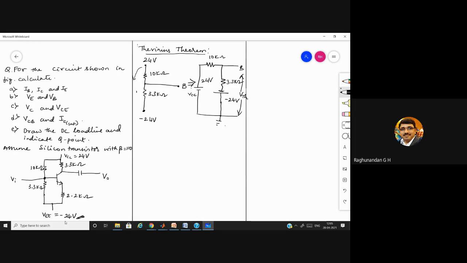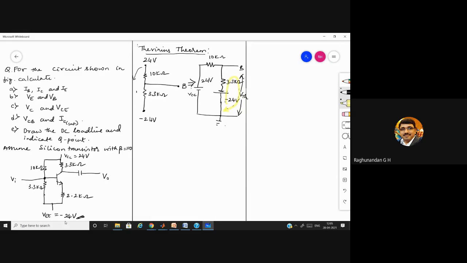Okay. Now, in order to find the Thevenin voltage, see, Thevenin voltage is the one across this. If there were just resistors, then we would have simplified it easily. But here we have two voltage sources. So if you want to find the Thevenin voltage, can I apply KVL to this outer loop? If I apply KVL to this particular loop, can I get the Thevenin voltage?